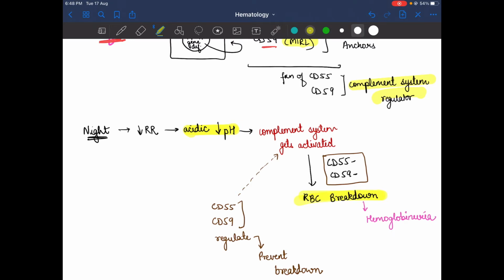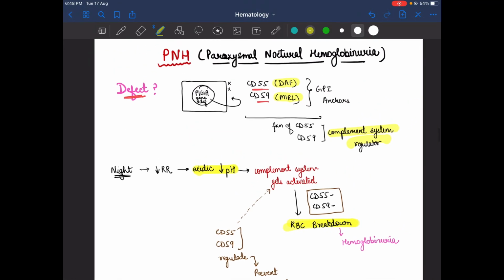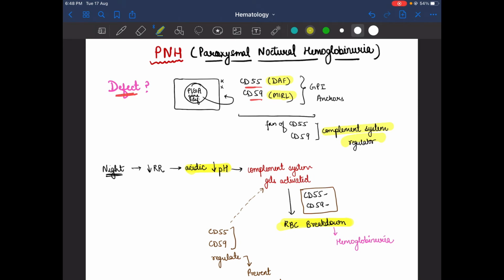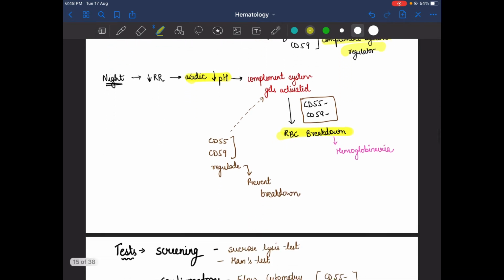This leads to hemoglobinuria. But if CD55 and CD59 are present, they regulate the complement system and do not let the RBCs break down. So if they are deficient, it leads to RBC breakdown and hemoglobinuria. This is the clinical presentation and the cause of PNH.